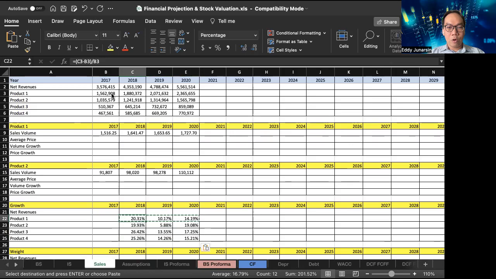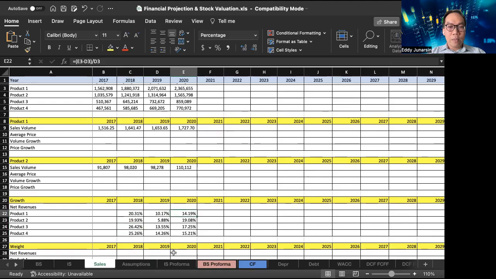So we could do copying and pasting for all the products here. Essentially we got the growth rate in 2018, the growth rate in 2019, the growth rate in 2020. It's just the growth rate of product 1 in the 3 preceding years, and then the second product, the third, and the fourth.